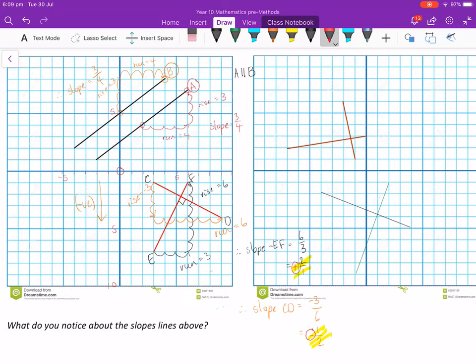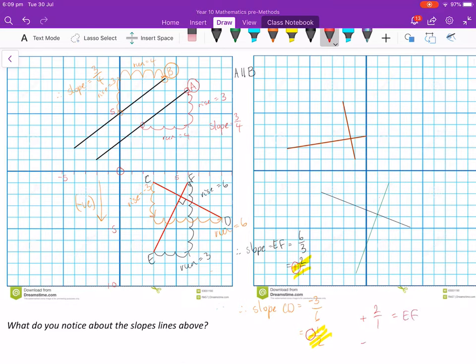We can see that the 2 has been moved to the denominator spot and the 1 has become the numerator. So if two lines are truly perpendicular and we're able to work out their slopes, what we should see is that one slope is the reciprocal of the other. In summary, 2 over 1 is positive, and this is equal to the line segment EF.